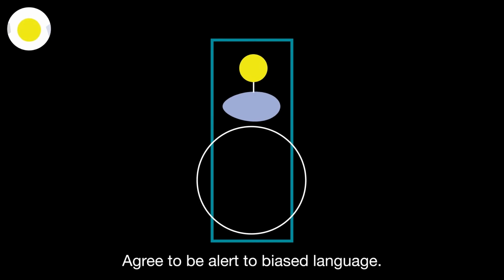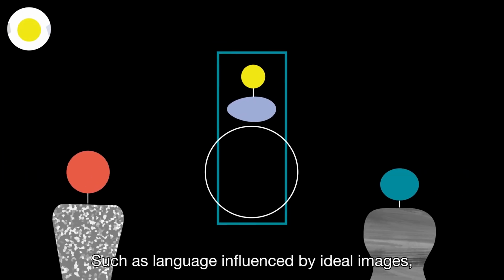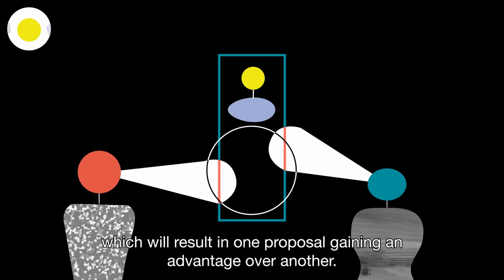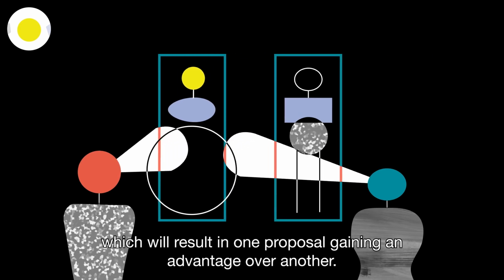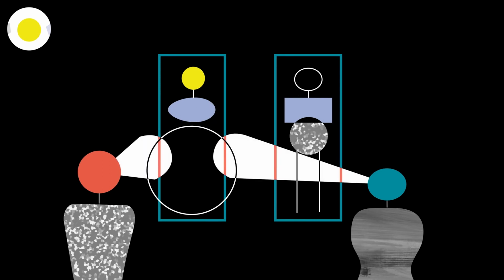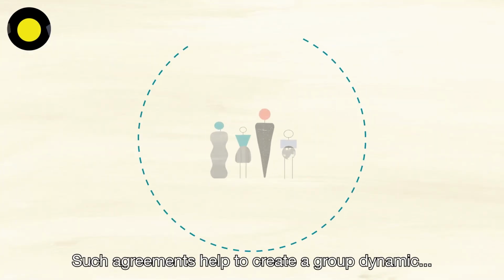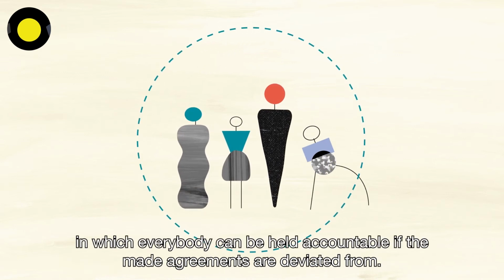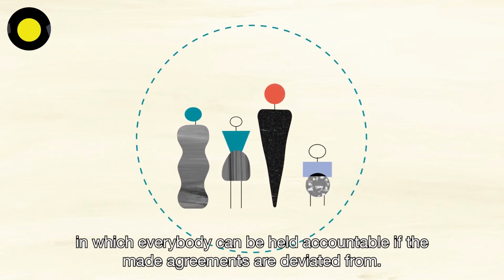Agree to be alert to biased language, such as language influenced by ideal images, which will result in one proposal gaining an advantage over another. Such agreements help to create a group dynamic in which everybody can be held accountable if the made agreements are deviated from.